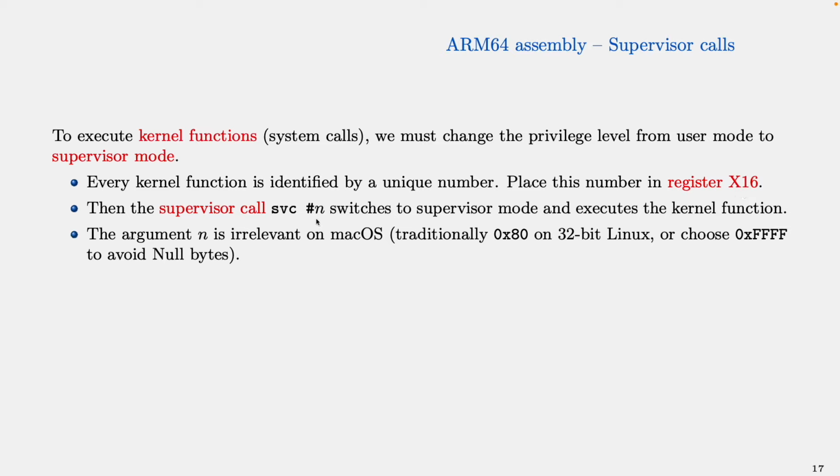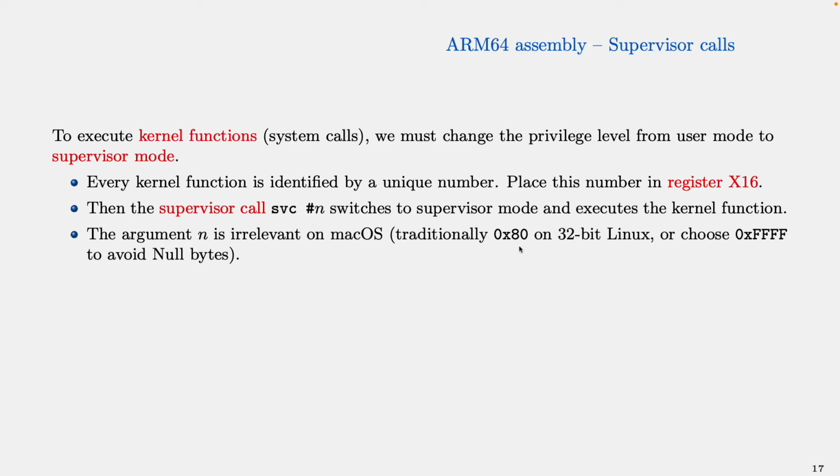Now, oddly enough, this argument here for svc is irrelevant on macOS. ARM gives the developers an option to specify an argument here and use this if they see necessary, but macOS does not use this number apparently, so you can put in here whatever you want.